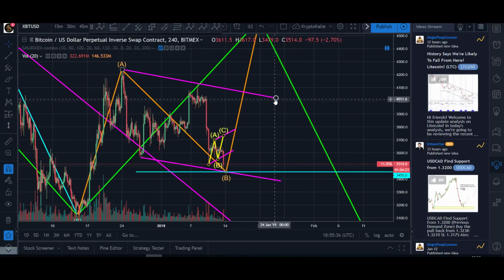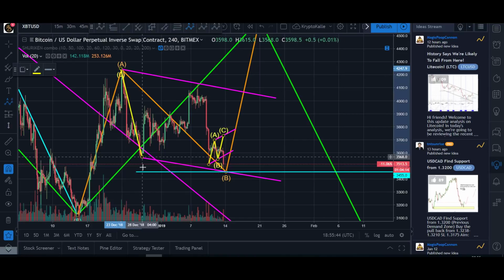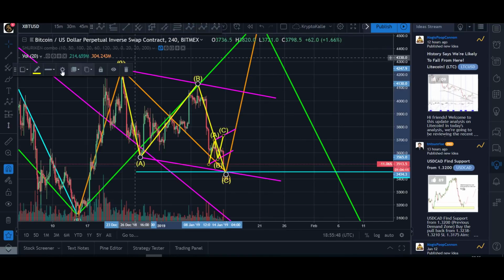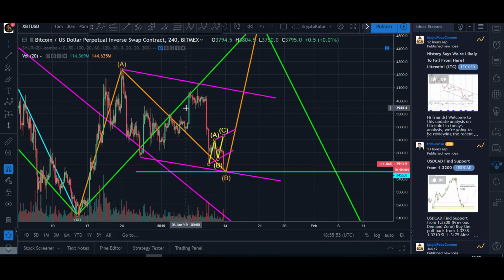Okay, so as I said, ABC is inside this. I can draw it so you can visualize it more precisely, like this. Let's make it red, so it comes out of the ABC like that. And the other possibility would have been that this orange A would have ended there and it would have been extended flat, but it looks like it's like this.